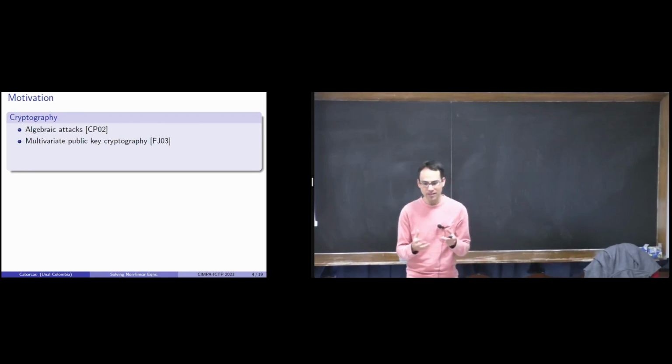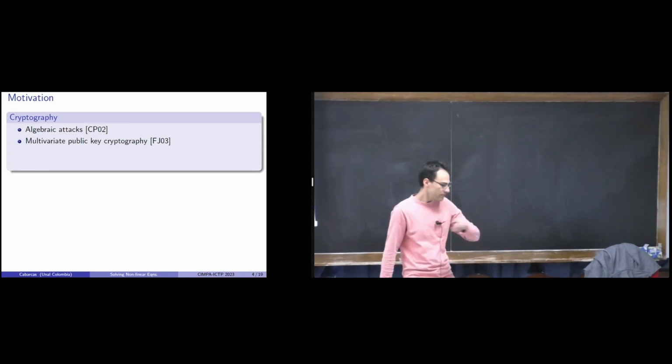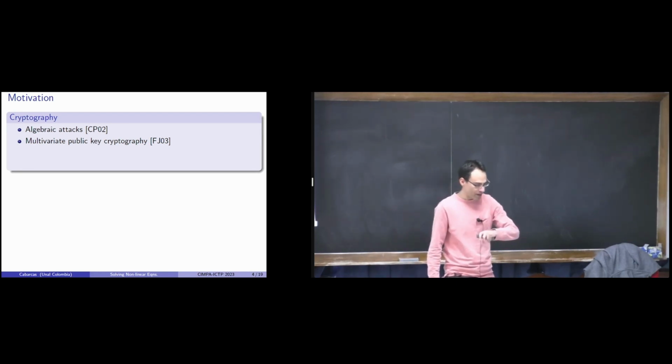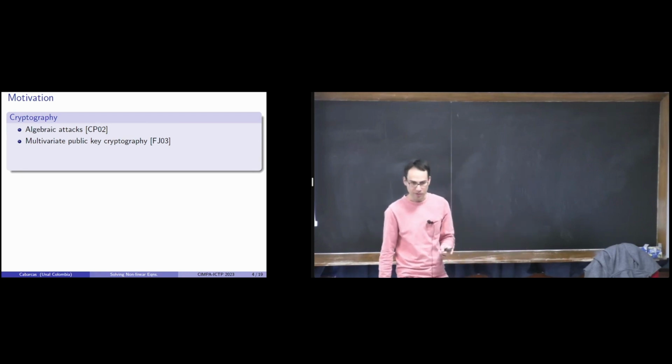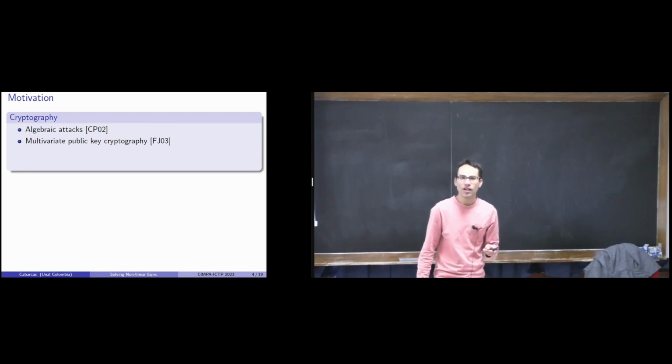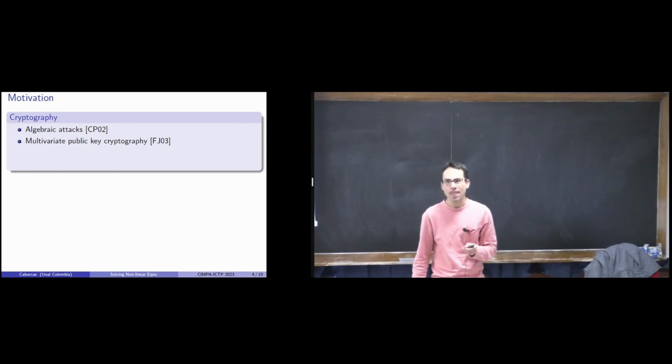And it was very important to understand the complexity of solving systems of equations. So one of the important breakthroughs was this paper by Faugere and Joux from 2003, when they broke HFE.